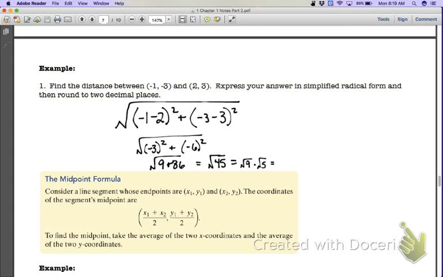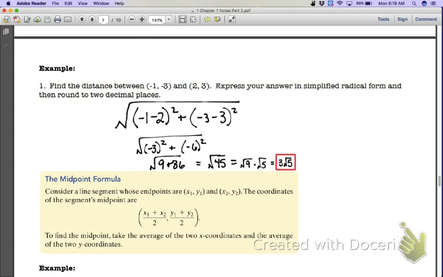Anytime I ask for the exact answer, this is what I'm looking for: 3 times the square root of 5. Whenever you see it on an ACT or any sort of standardized test, or my test, and it asks for an exact answer, it wants it in simplified radical form.